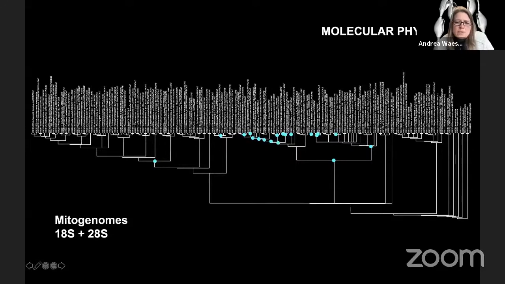So we shotgun sequence the DNA and then skim off the genes that are then high copy numbers. So it's a genome skimming approach, using Illumina sequencing. And the overall topology, there are some regions denoted here by the turquoise circles, which are difficult to resolve, but there are many parts of the tree which are nicely resolved.